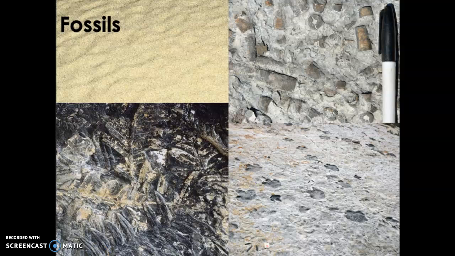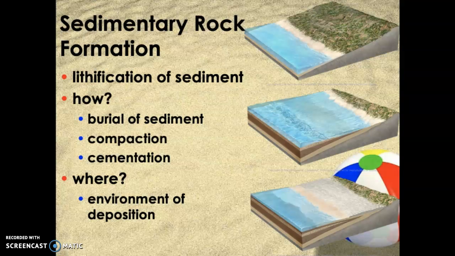So what happens? How do we turn sediments, including fossils, into sedimentary rocks? Well, we have to bury the sediment, and that is typically followed by some compaction because of the weight of the material that's on top, and cementation. So water percolating through these sediments can leave minerals behind, which will help cement and solidify the rock.